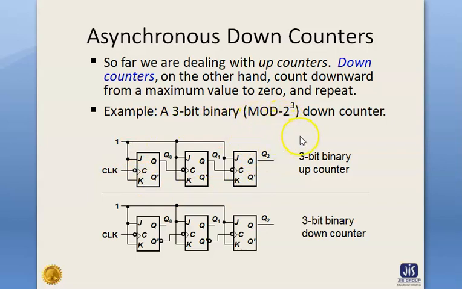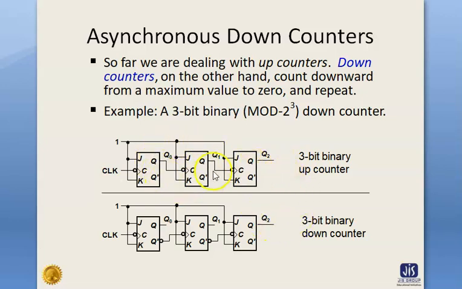8 down counter. Here the modification is done by connecting one flip-flop's complementary output to the clock input of the next flip-flop. So this is an up counter. Here the clock input is the regular, normal output of the previous flip-flop, and so on.